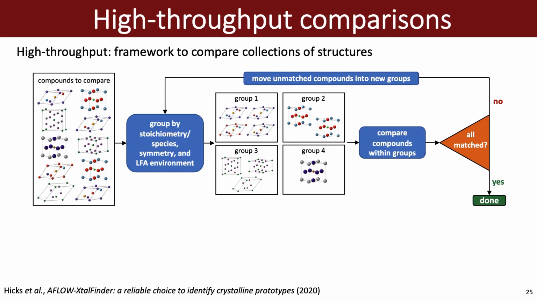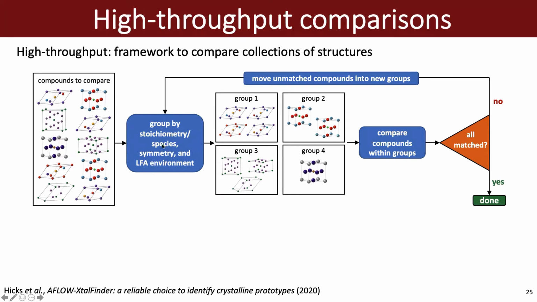And so in line with this methodology, we wanted to be able to compare multiple structures at a given time and have AFLOW take care of managing which ones are duplicates, what comparisons need to be performed, etc. And so given a set of compounds to compare, it does some grouping.